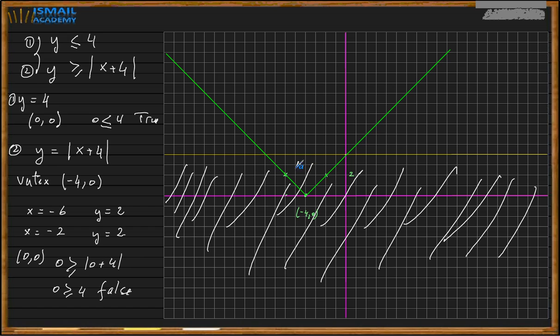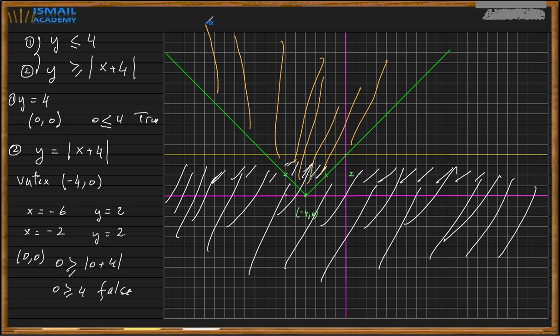So let me add this for the first inequality. Now I'm going to use that shading. So I'm going to shade this area. As you see, the common area is on that side.